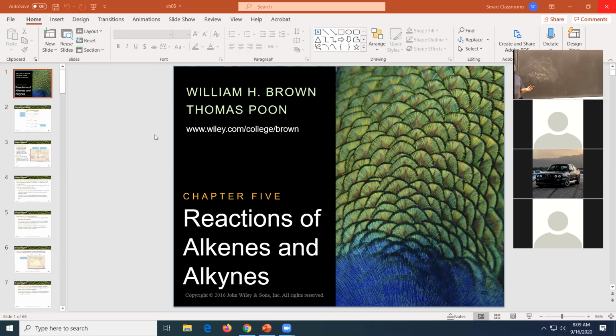Okay, a couple of other aspects of naming that I want to review. I'm going to go ahead and erase this. One is if we have a cyclic alkene, such as this one.